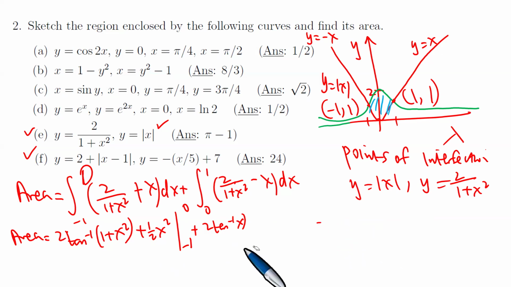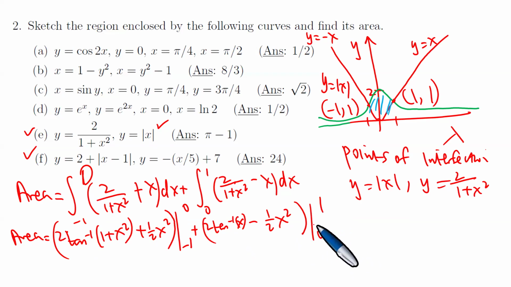So it's going to be 2 arctan x minus 1/2 x squared. You have that. Minus 1/2 x squared from 0 to 1. Okay, let us see what you get.